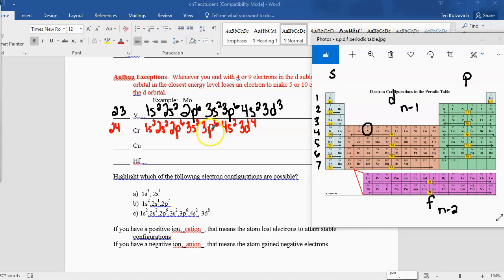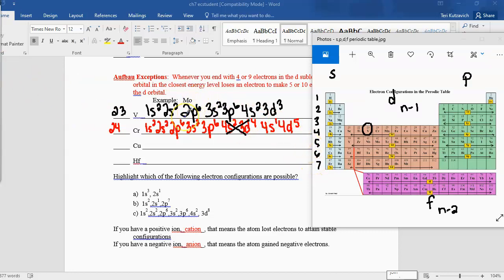This is only for the D block, and it's only 4 or 9 electrons. So what you do here, you take one from your last S, and you add it to the D to make 5 or 10 in the D. So what I like to do is just cross that out, and then fix it. So this would end in 4s1, 4d5.